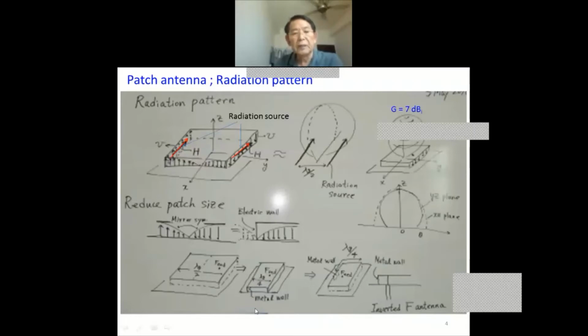So this shows like this. The full size is half wavelength, and at the center we put the metallic wall. This can perform the same as the previous structure, the full size patch. By this mirror symmetry performance, we can reduce the size to half.